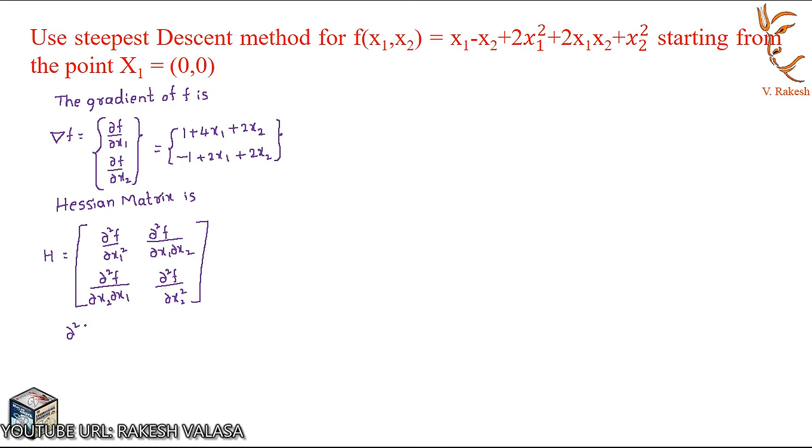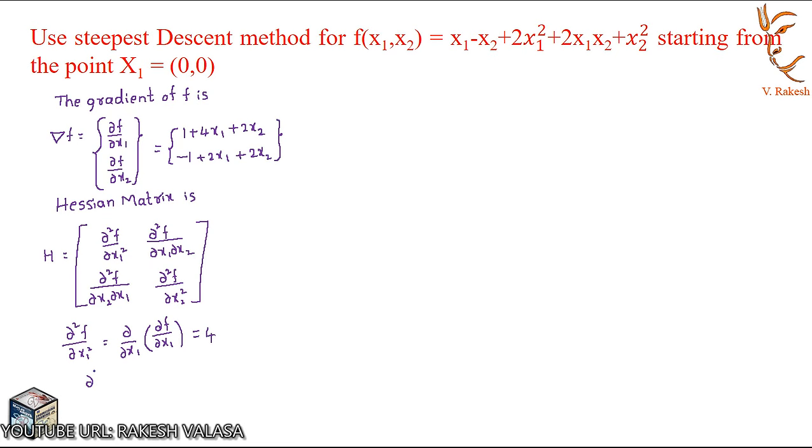Dou square f by dou x1 square equal to dou by dou x1 of dou f by dou x1. We know the dou f by dou x1 value, that is 1 plus 4x1 plus 2x2. Again, partial derivative with respect to x1, that is 1 is 0, 4x1 is 4, 2x2 is 0. That means 0 plus 4 plus 0. The answer is 4.